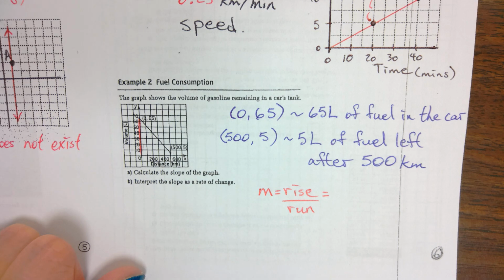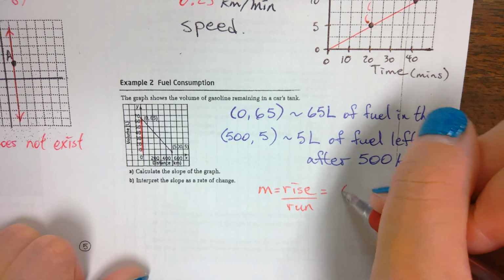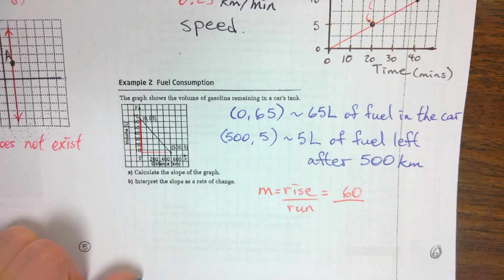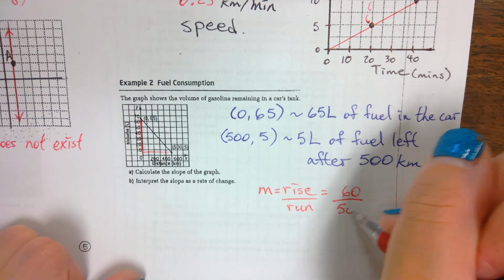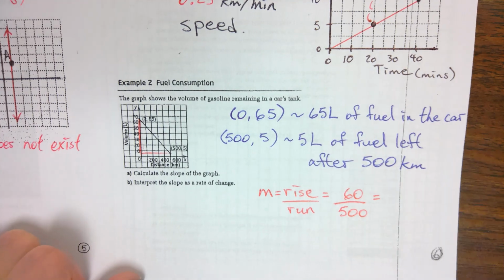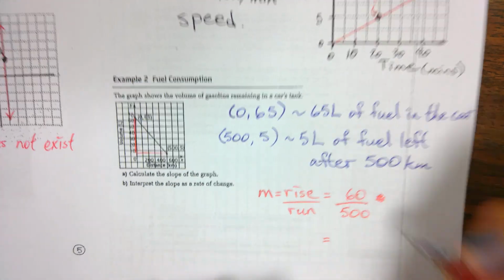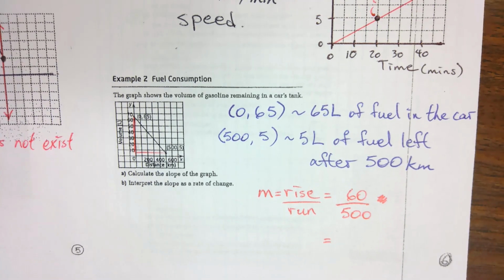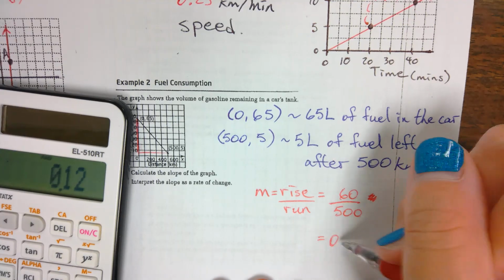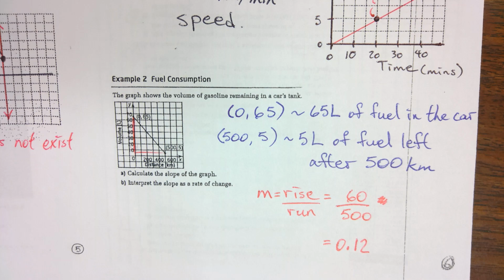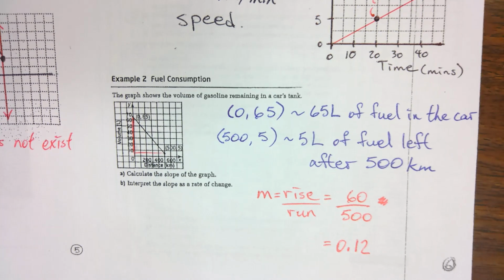Yeah, 60. And then what's my run? Yep, 500. So if I divide that out, 60 divided by 500, 0.12.